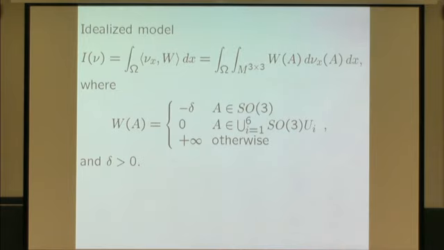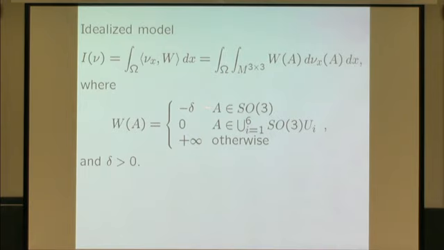Our unknown is going to be a gradient Young measure that represents the microstructure. The energy is given by the integral over omega of the expectation under the Young measure of the energy density. The energy density is going to be 0 on the martensite wells by hypothesis. We're thinking of having a high temperature here, so we want the austenite to have lower energy.